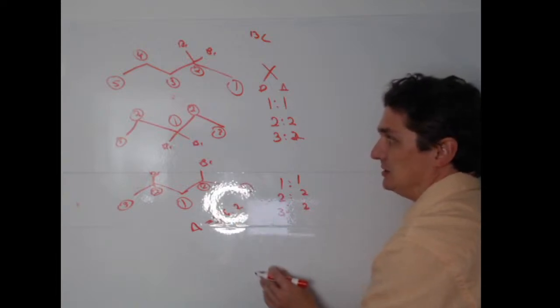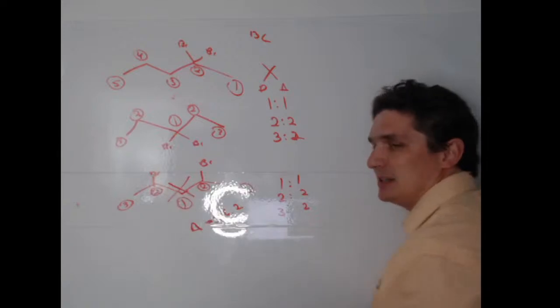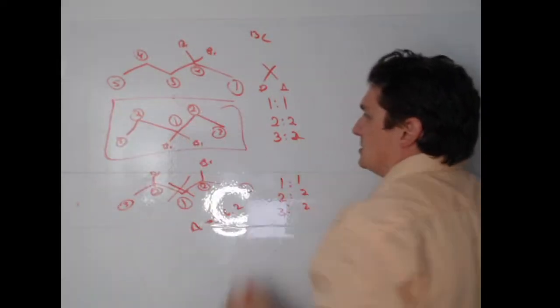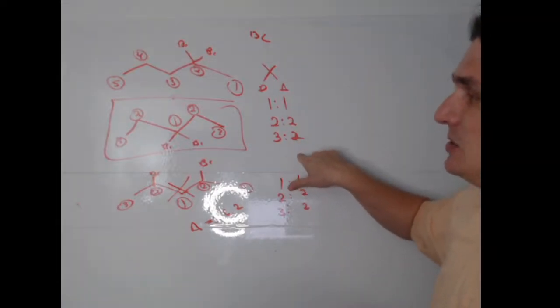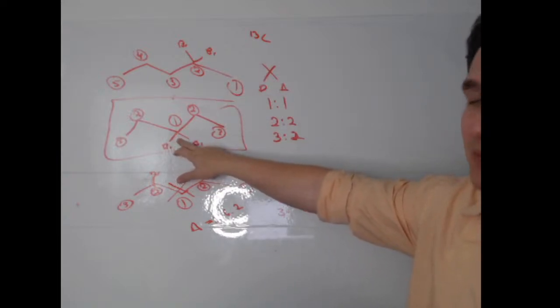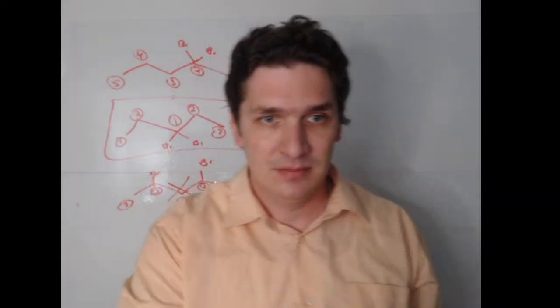It's the most deshielded. So this doesn't really make sense, because we need the second carbons to be the most deshielded. So this is the only one that makes sense in terms of the relative areas, the 1, 2, and 2. And it's the only one that makes sense in terms of where the deshielding is. This is the most deshielded carbon from the chemical shifts. So expect the bromines to be attached to that carbon.